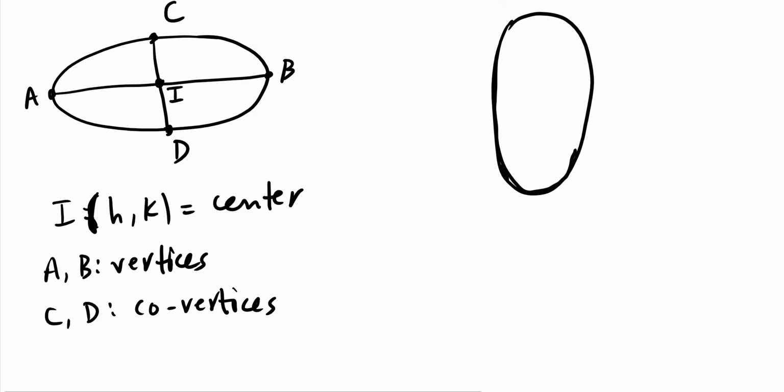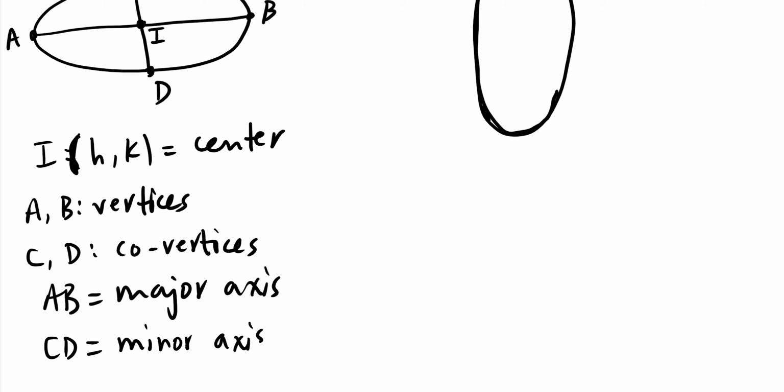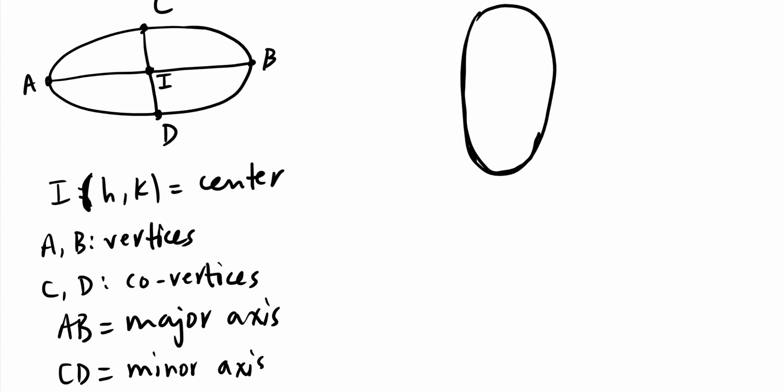AB is called the major axis, and CD is called the minor axis. Always on the major axis there are 2 points called the foci.